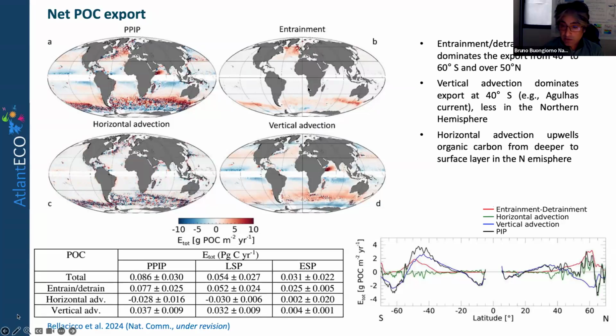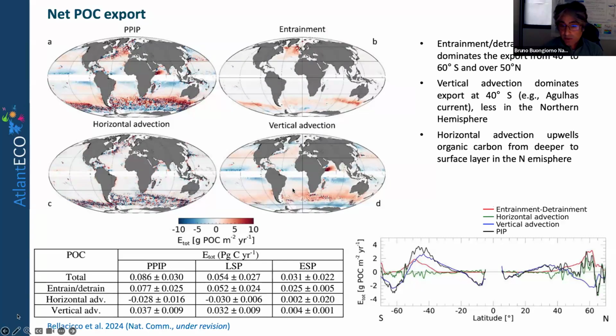And that's already interesting, because you can see how relevant is vertical advection, for example, in the southern hemisphere, and how relevant is the horizontal advection in the northern hemisphere at the high latitudes. There's a lot of interesting things coming out, even if the numbers related to these estimates are quite low.